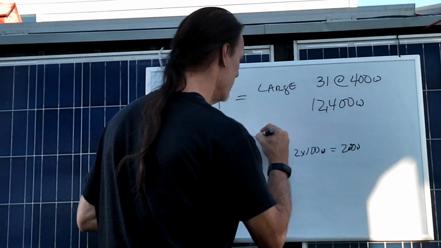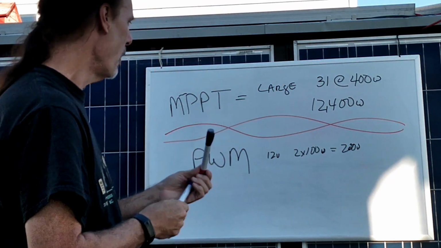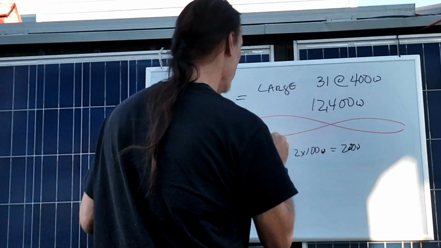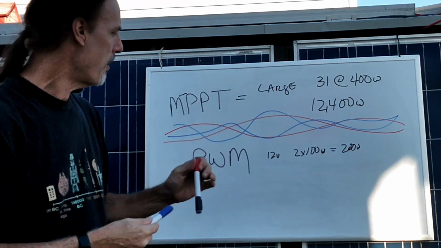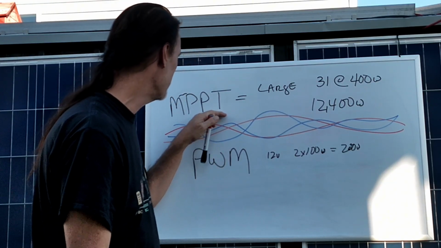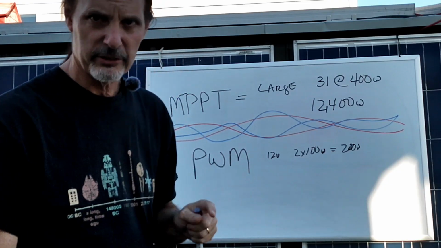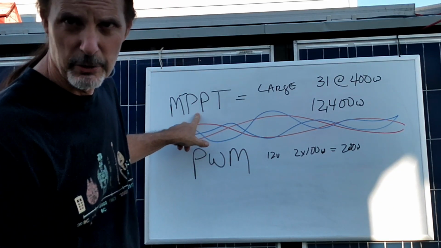Somewhere in this gray line here is where you need to figure out where your system falls. Do you need to switch from the very inexpensive PWM to the more expensive MPPT? Here is my advice: always go with the MPPT if you can.